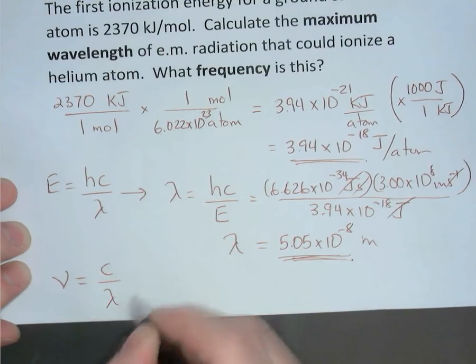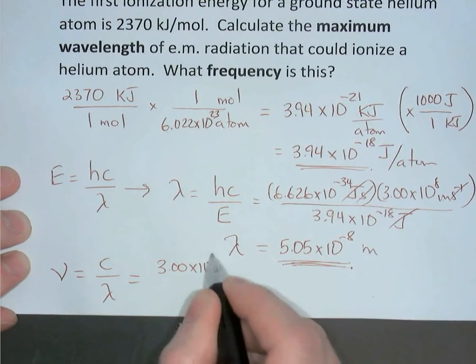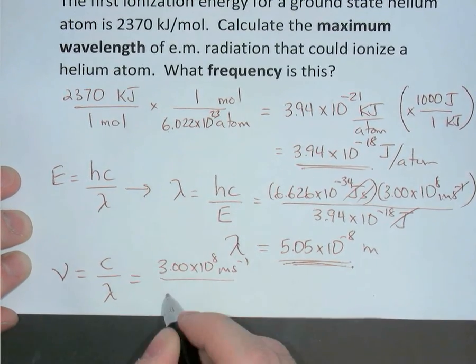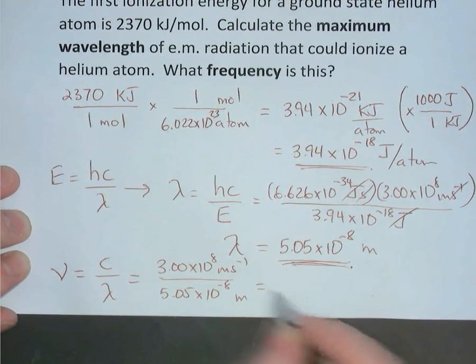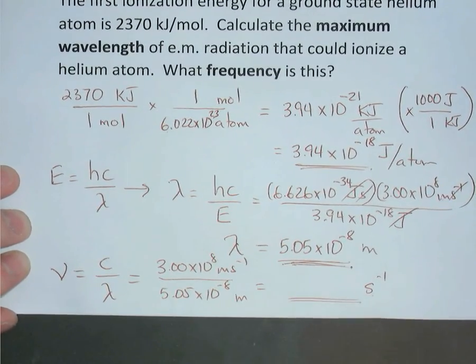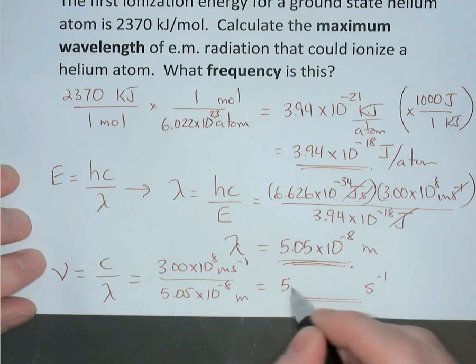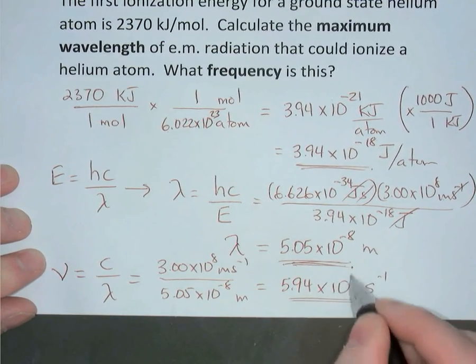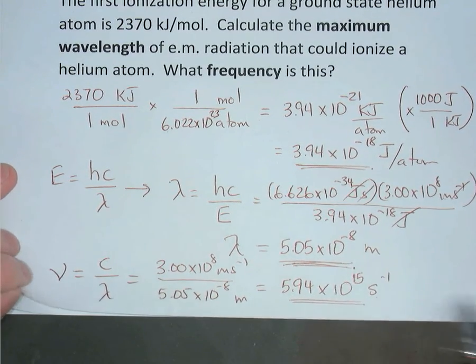Nu equals c divided by lambda equals 3.00 times 10 to the 8 meters per second divided by 5.05 times 10 to the minus 8 meters, and I'm going to get per seconds as my answer. 3 times 10 to the 8 divided by 5.05 times 10 to the minus 8, and our frequency is rather large, 5.94 times 10 to the 15, which makes sense. We remember when wavelengths are short, frequencies are large.